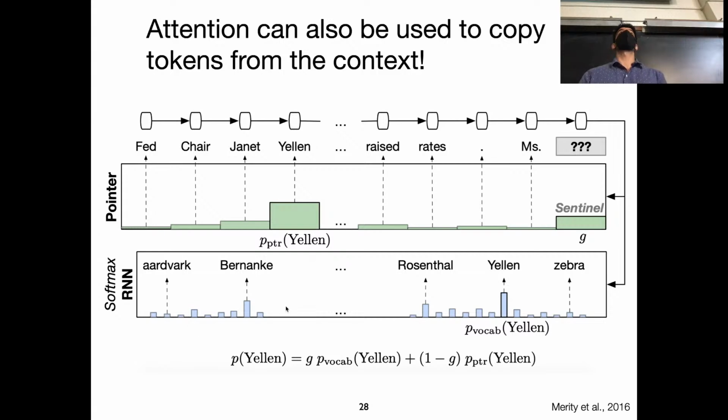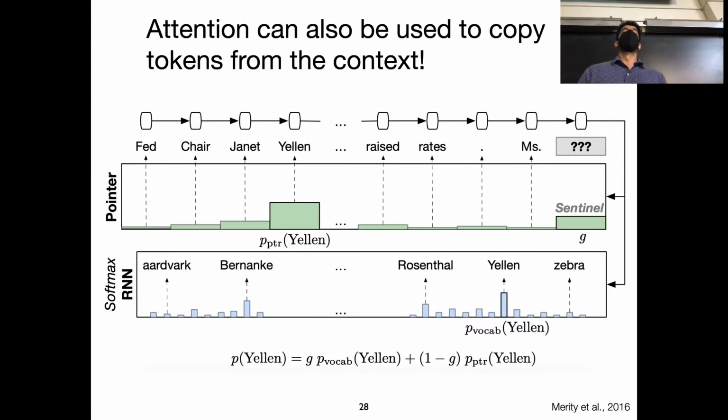Meanwhile, the softmax RNN is computed by our normal full vocabulary, right? Maybe this one is 10,000 items, and this one is only 300, or whatever the sequence length was. So to do this addition, they need to be the same size, right?